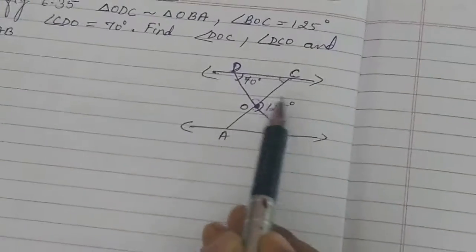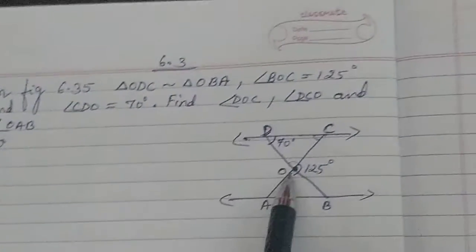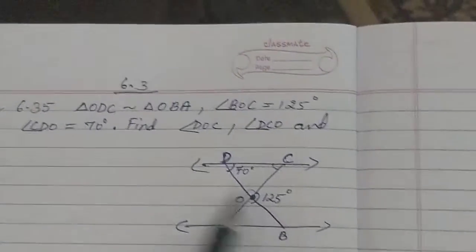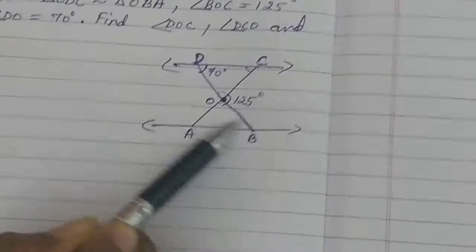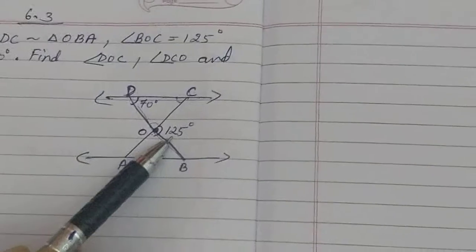Now children, you can see here DOC is a triangle. Only one angle is given. And here you can see DOB is a straight line. Children, DOB is a straight line. So what is the sum of two adjacent angles in a linear pair? It's 180 degrees.